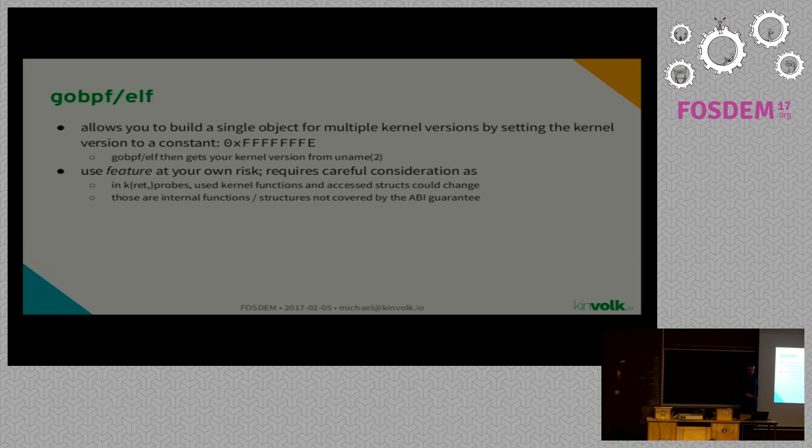So we built in this feature, when you set it to this constant, we will try to guess the current kernel version during runtime, and then just say to the kernel, yeah, we built it for that version. You can do that. It can be tricky because sometimes kernel structures change, functions change. So depending on what you do in your eBPF program, it could break afterwards. So you should know what you can expect from the kernel or what you rely on.